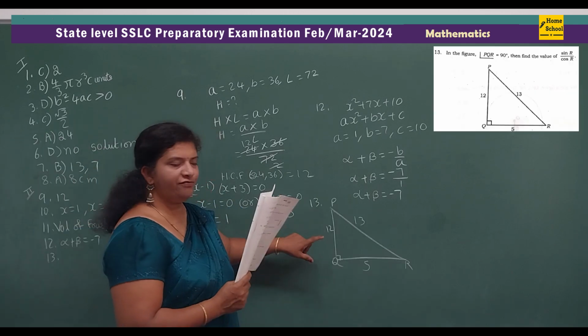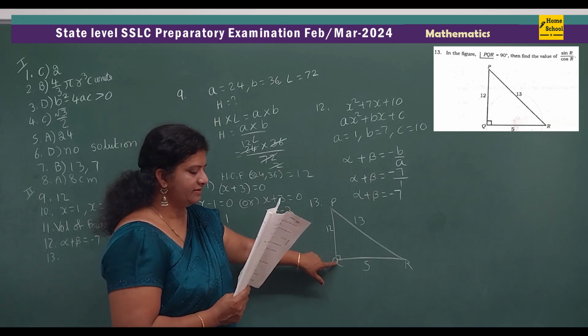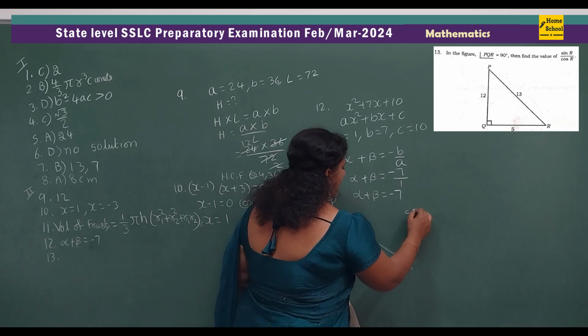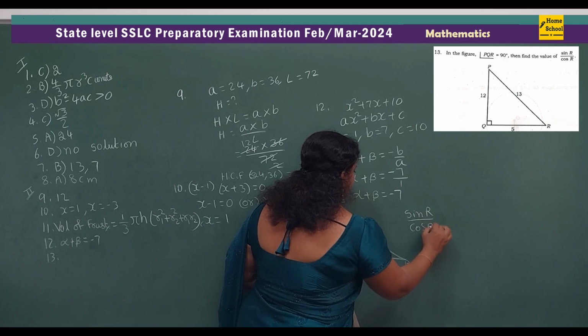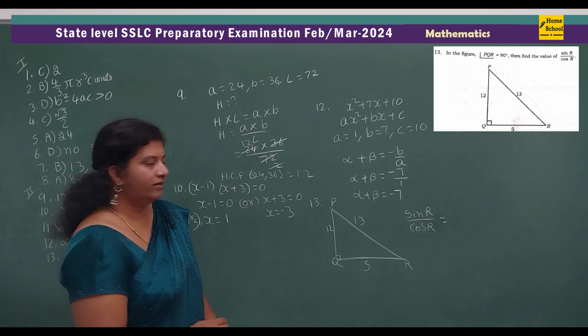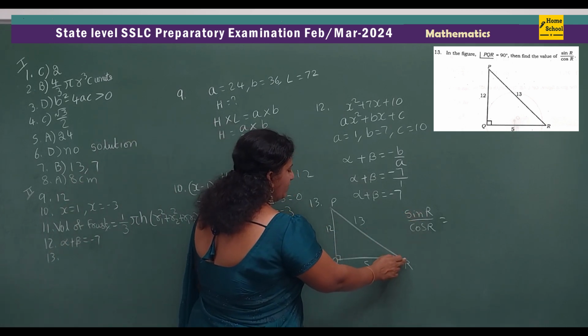13th one, in the figure, angle PQR is equal to 90 degrees. Then find the value of sin R by cos R, which is sin R by cos R. So where is your R? R is an acute angle here. From here, you need to take the sin ratio.